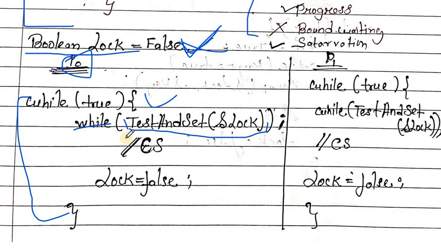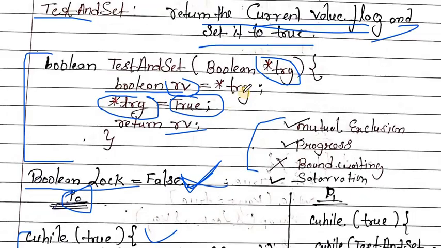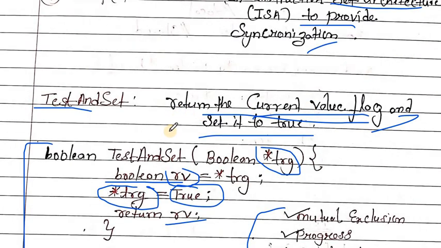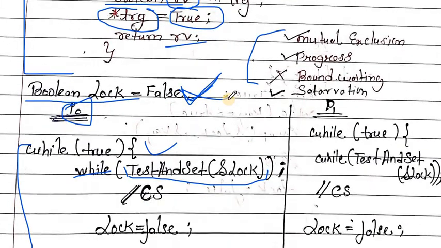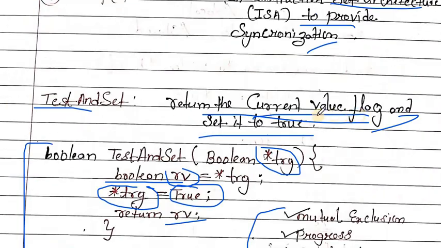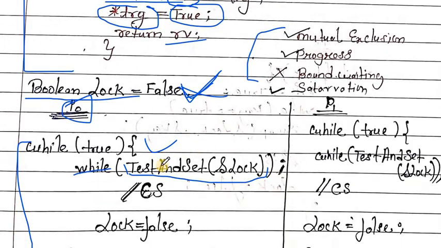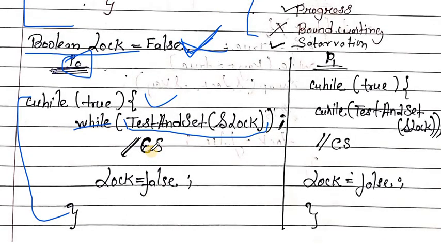It returns the current value and sets the variable true. The current value of lock is false, so it returns false and makes lock true.